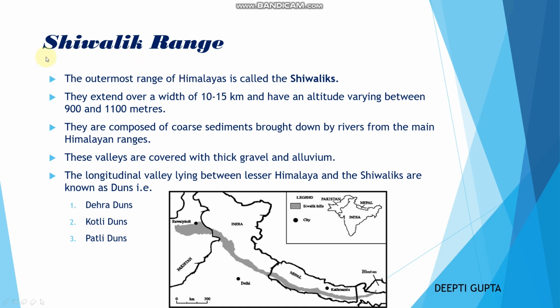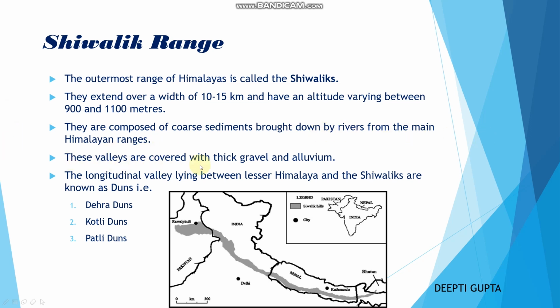Now the third one is your Shivalik range. The outermost range of the Himalayas is called Shivaliks. They extend over a width of 10 to 15 km and have an altitude varying between 900 to 1100 meters. They are composed of coarse sediments brought down by rivers from the main Himalayan range.